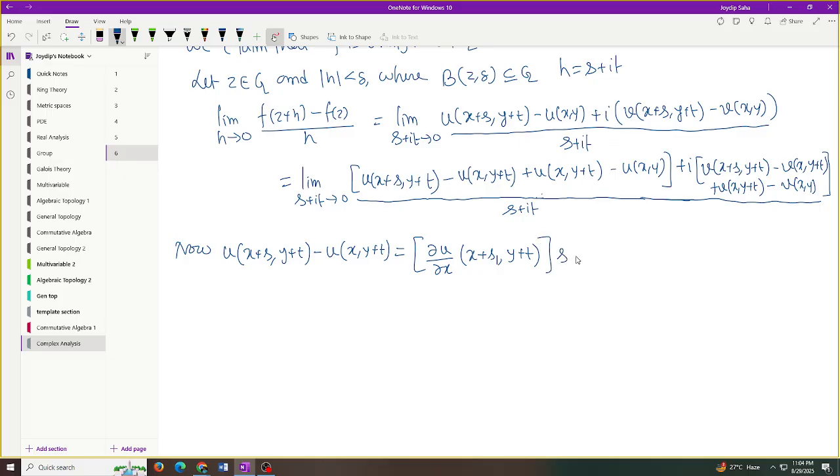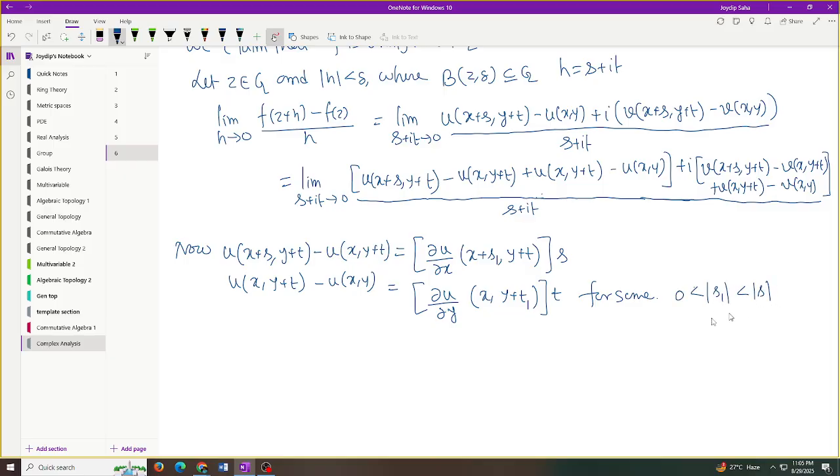By the mean value theorem we can write it so, with some s1 between 0 and s, and similarly t1 for t, by the mean value theorem.